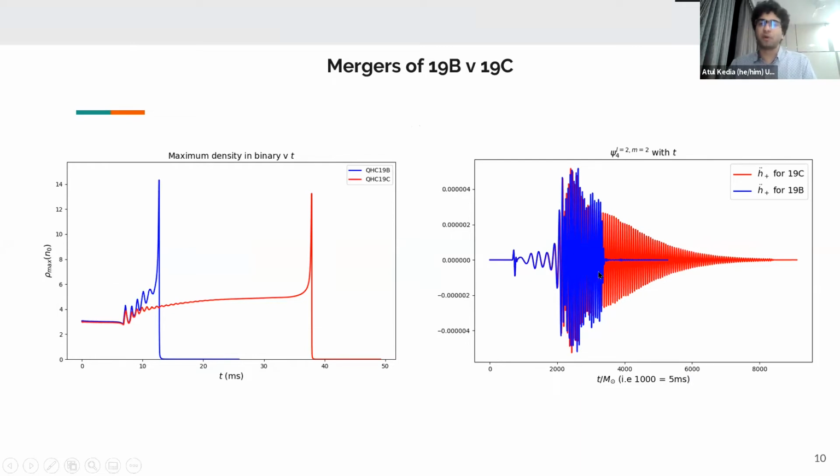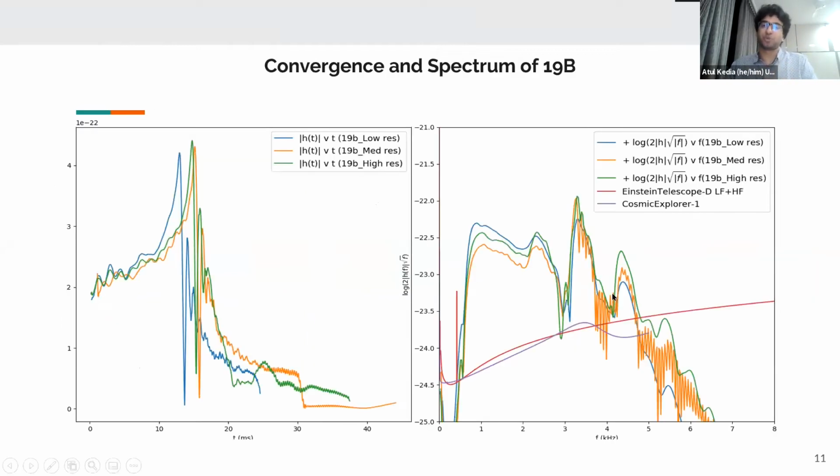Non-phase transitions would almost certainly collapse similar to 19B, because the collapse would be much more prompt, whereas 19C is much more prolonged because the phase transition is much more pronounced in that case. Although I'm showing only 19B over here, I should have shown the plot of 19C as well. The features are much more pronounced for higher frequencies because those correspond to the post-merger signature.